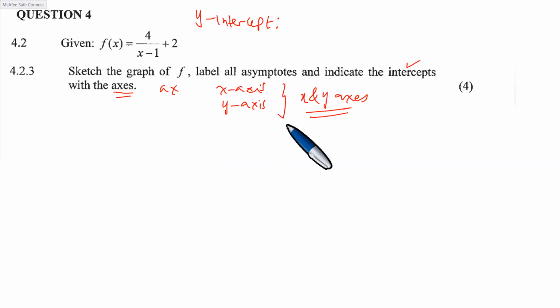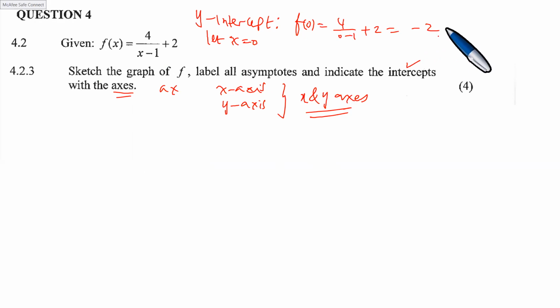So now, what is the y-intercept? To get the y-intercept, we simply let x be equal to 0 in the equation. It's pretty easy. We put 0 there, and we have 4 over 0 minus 1 plus 2, which is exactly minus 4 plus 2, which is exactly minus 2.